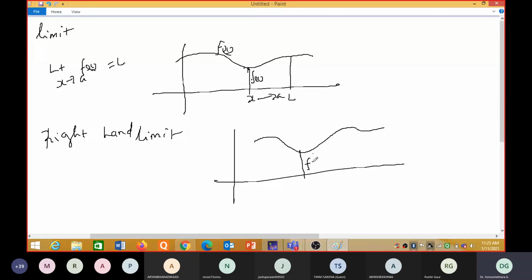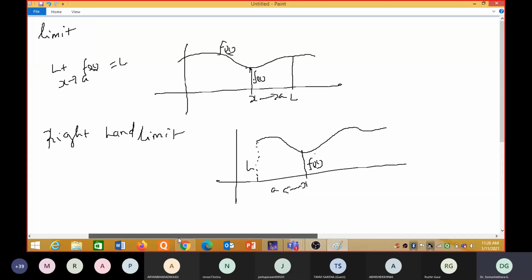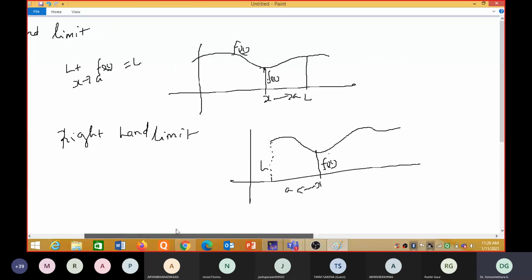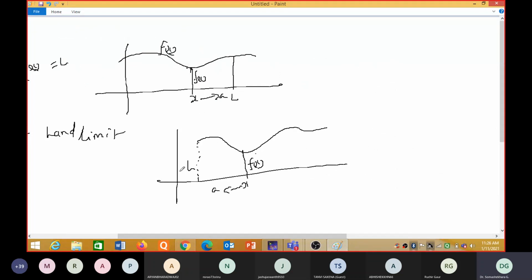This is the height at the point x, and this height I can say is L. When x tends to a, x is a at this point. Sorry, is this left hand or right hand? This is left hand, correct? Left hand limit. What is the right hand limit? When x tends to a from the right side to this point, that is called the right hand limit.